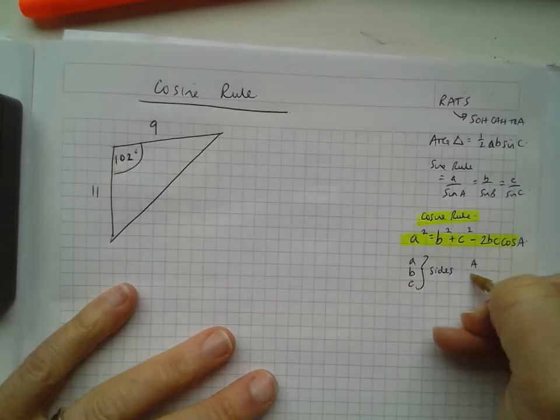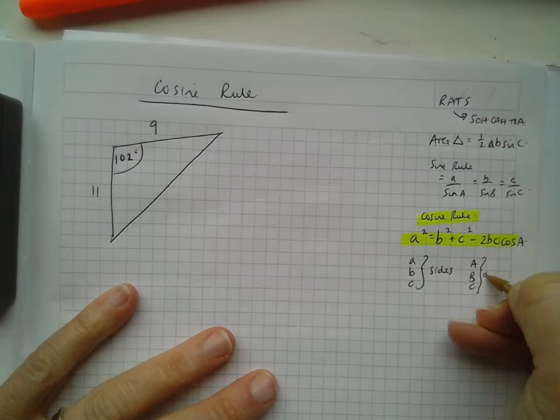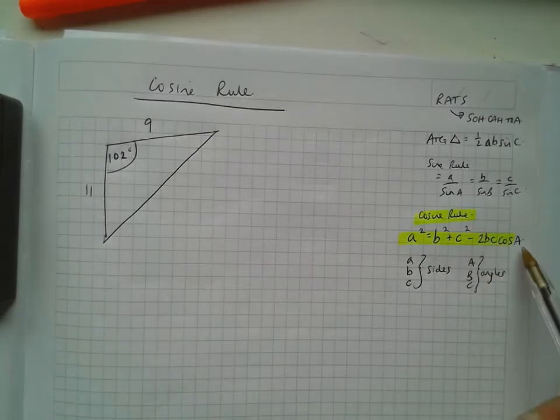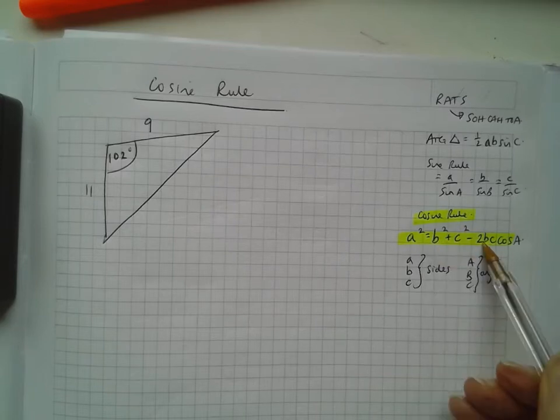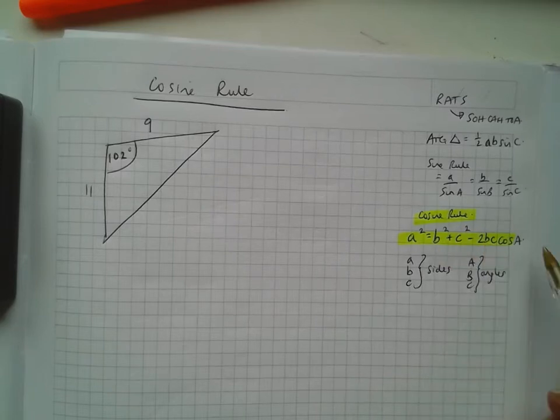Most of this cosine rule is made up of sides with just one angle thrown in at the end, and that'll become quite useful to recognize as we go along. So this is the rule, and we're going to learn how and when to use it.